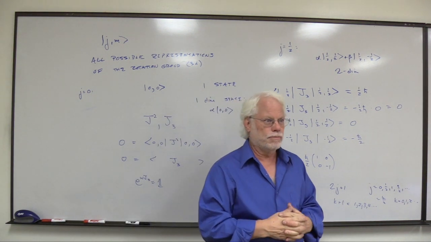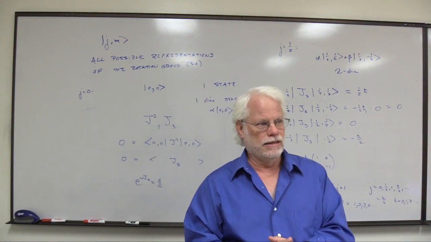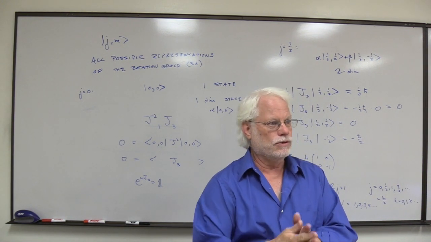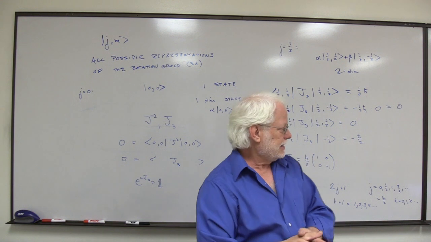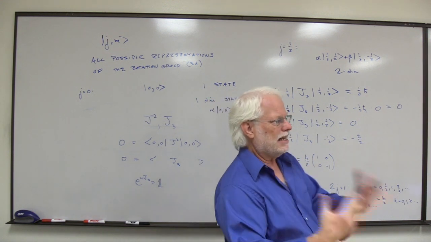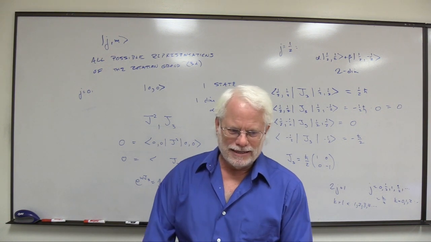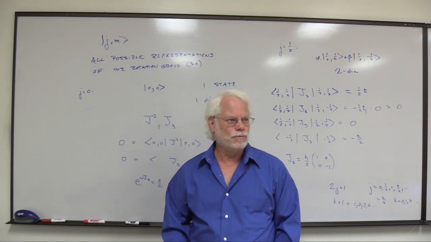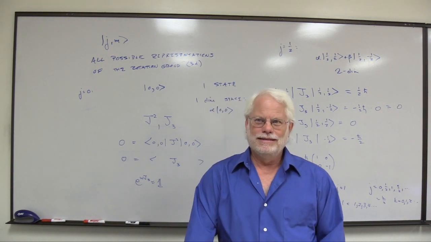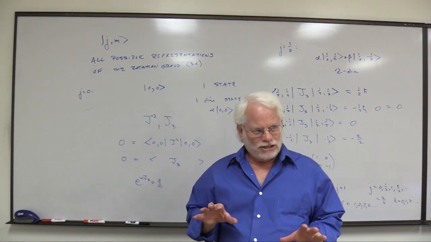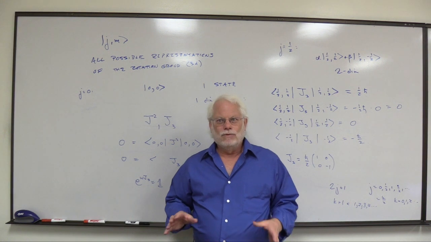Those are the particles that we have seen, assuming the graviton is spin 2. But this gives us a classification of all possible invariant states under the Poincaré group. So now we know what kinds of particles to expect, and we can start constructing them one at a time.